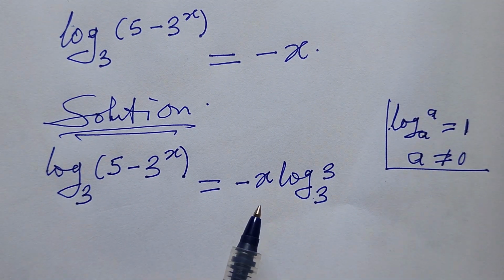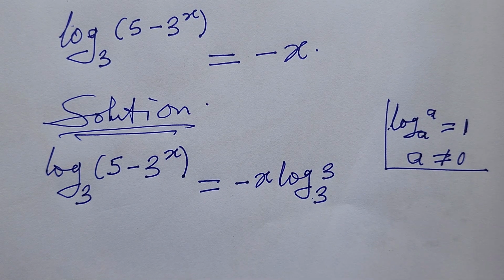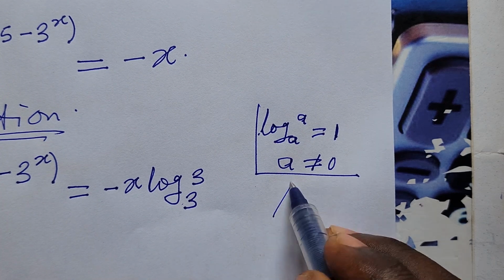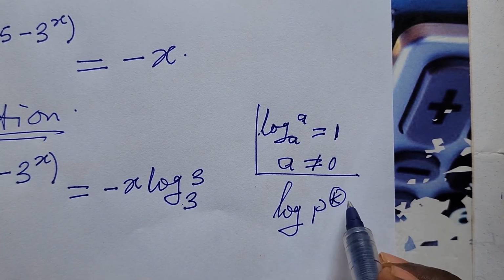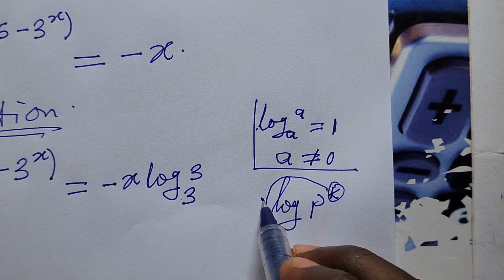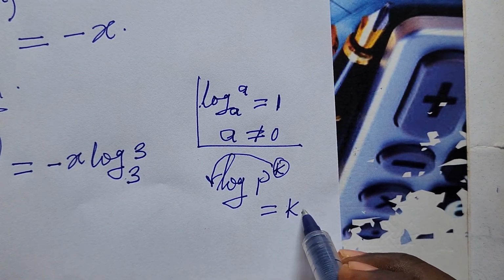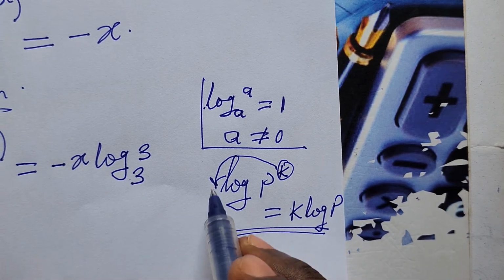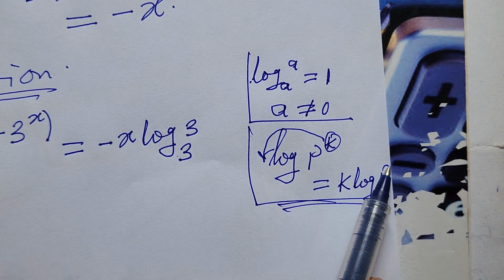According to the law of logarithm again, we can move this to this power here. Remember the law which says that if you have log p to the power of k, you move this exponent back here. So this is going to give you k log p. You also remember this law? Good. So we can equally take this back to this place.